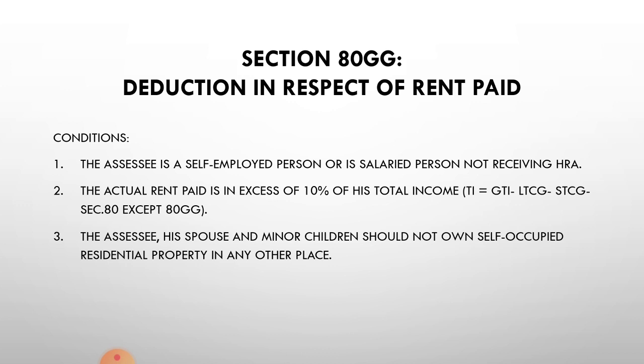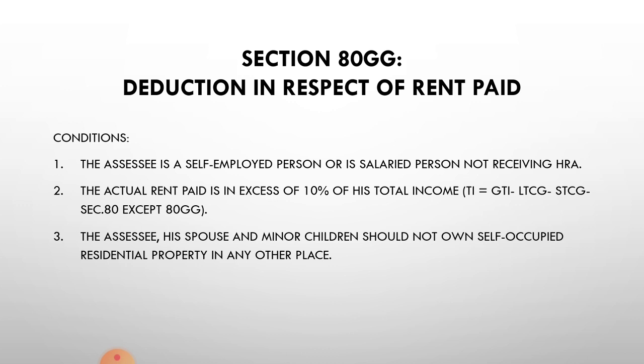The third condition is the assessee, his spouse and minor children should not own any self-occupied residential property in any other place. The assessee should be a person who is living in a rented house. He should not own any self-occupied house property in any area.